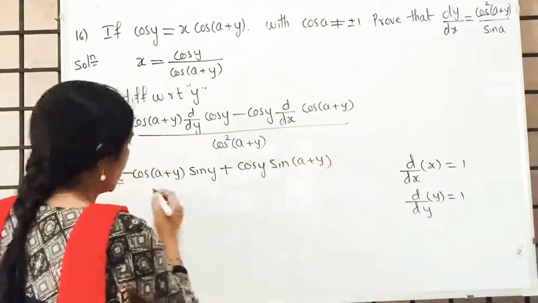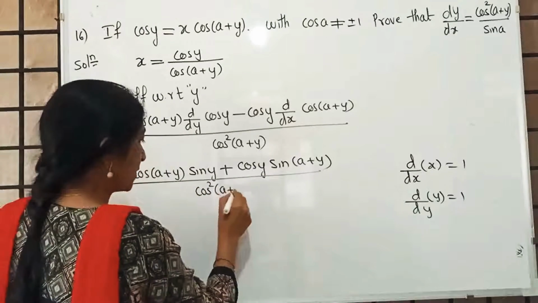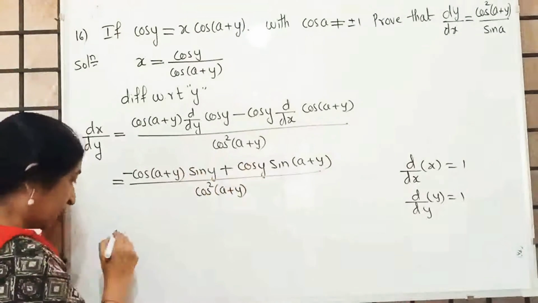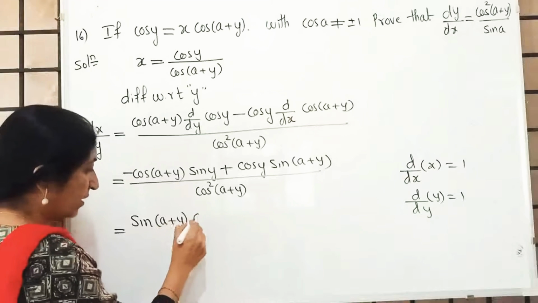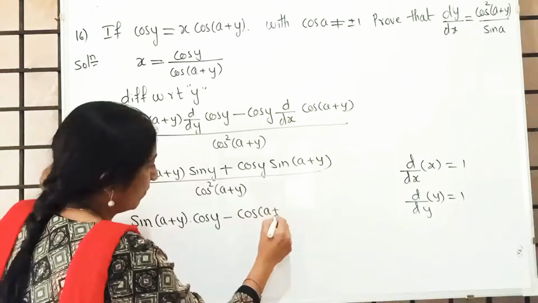sin(a+y) divided by cos²(a+y). And for our convenience, I am writing this numerator as sin(a+y) cos y minus cos(a+y) sin y.